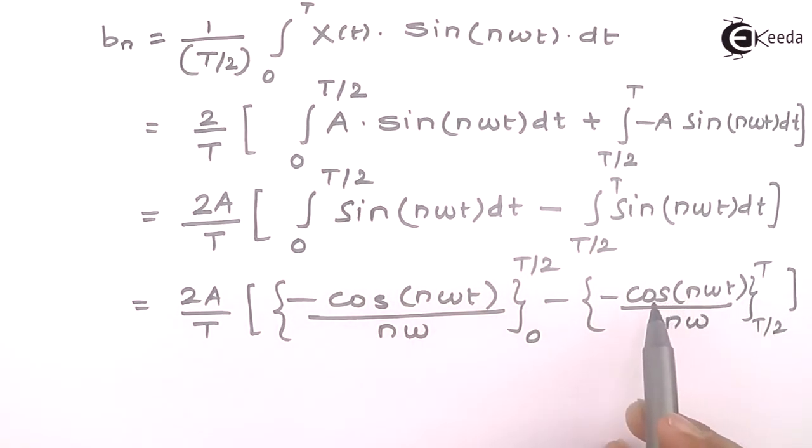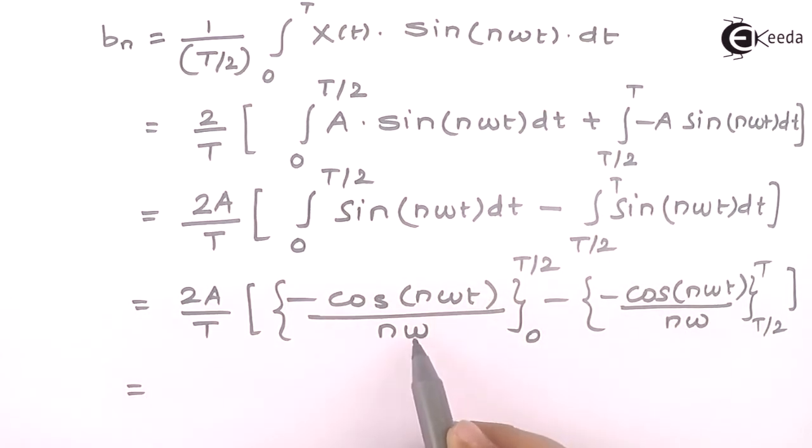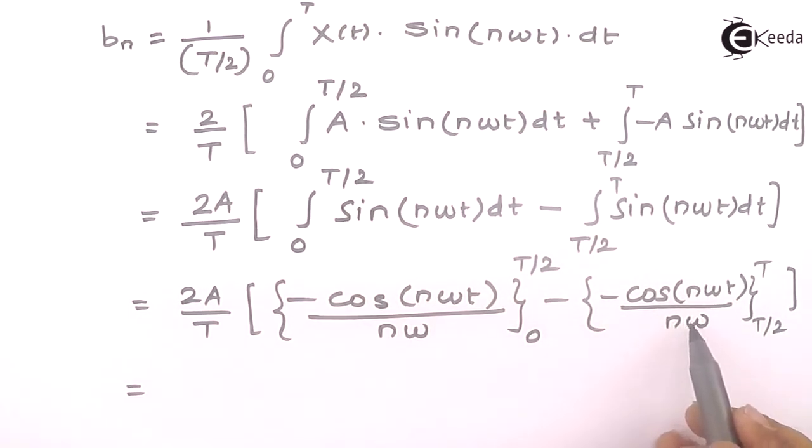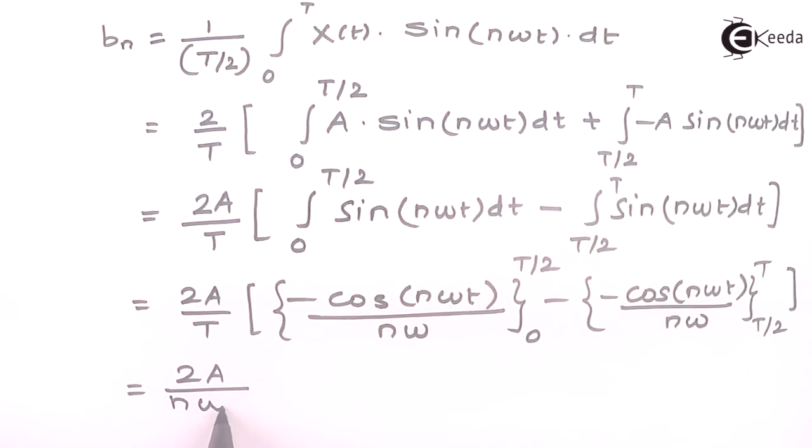Now we need to apply the limits to this particular equation. Before that, let's simplify by taking this n omega out of the integral. So it is 2A upon n omega capital T inside a bracket. Let's simplify this. This minus minus will become plus. So let's write this term first.